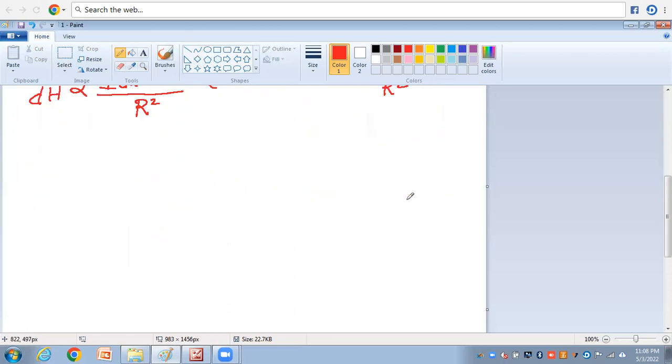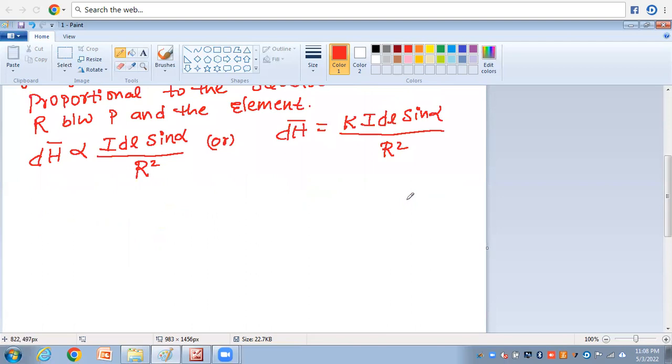This is the expression of dH, where K equals 1 by 4 pi.